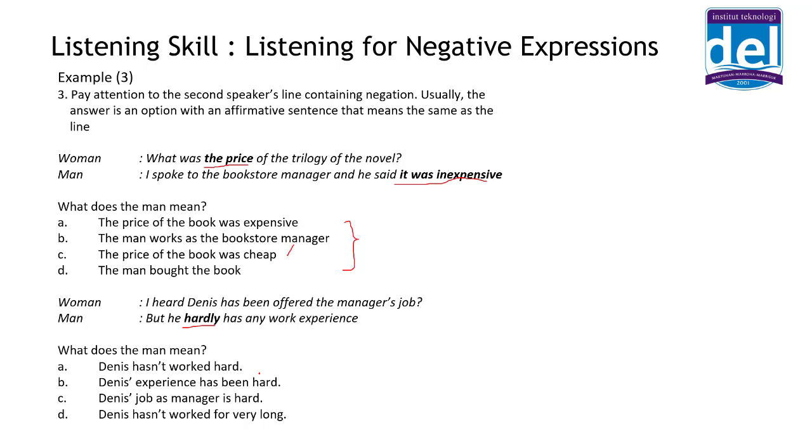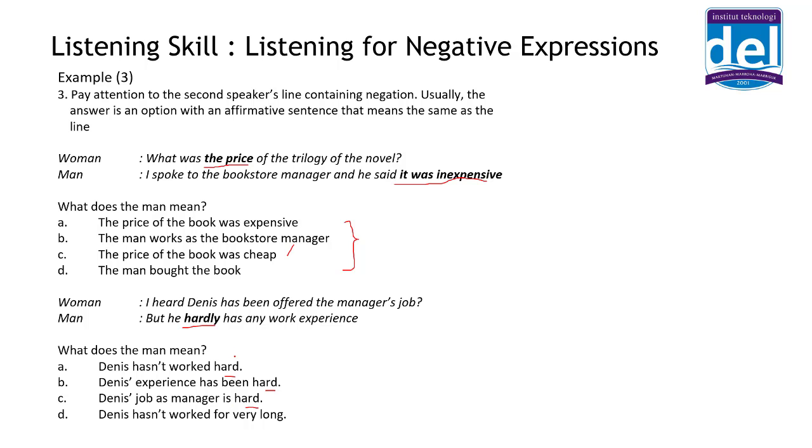Dennis hasn't worked hard. Dennis' experience has been hard. Dennis' job as manager is hard. Or Dennis hasn't worked for very long. If we combine this with the previous skill about similar sounds, it says hard, hard and hard, while the answer is actually not that one.